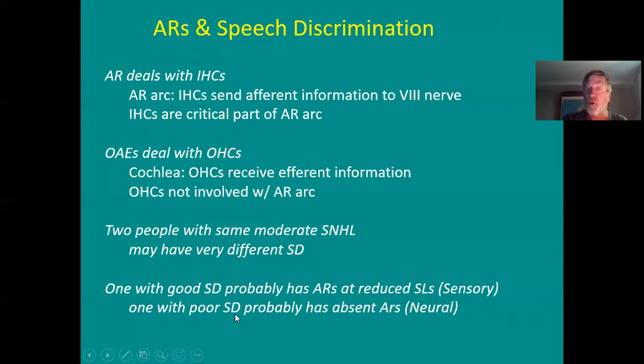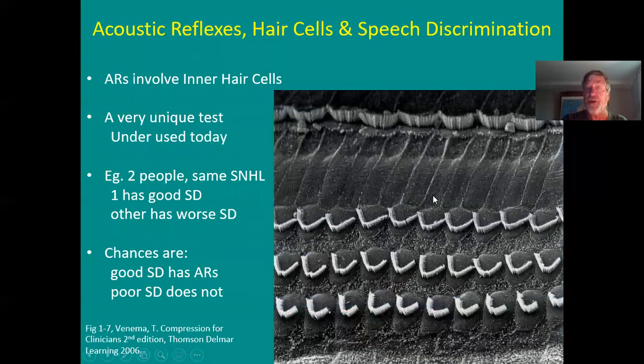The one with the poor speech discrimination may have absent acoustic reflexes because maybe that person has damage to both sets of hair cells, and that's what's causing his or her hearing loss. Whereas the person with the good speech recognition, his or her hearing loss may be confined only to damage to the outer hair cells, and yet the inners are still fine.